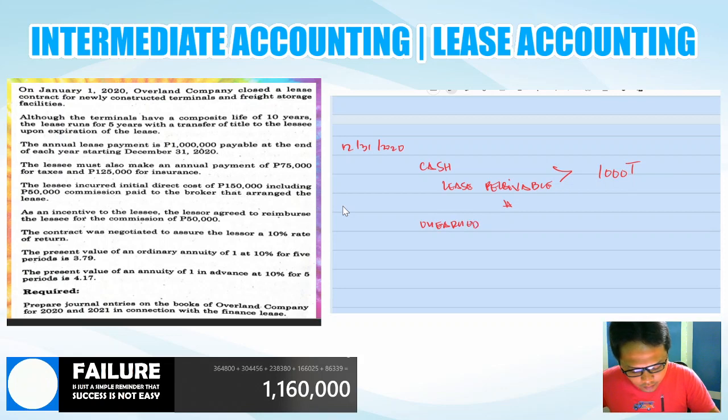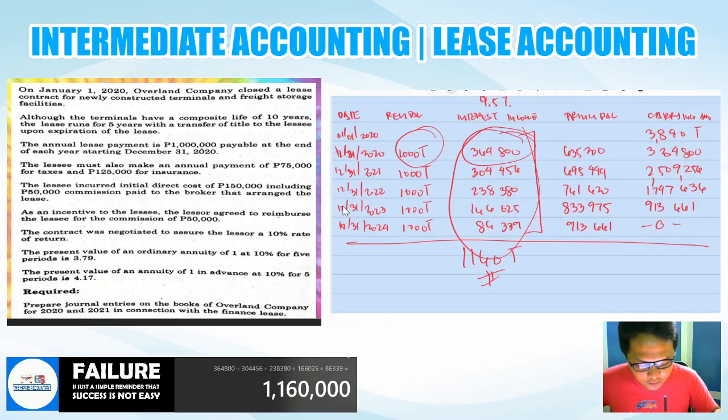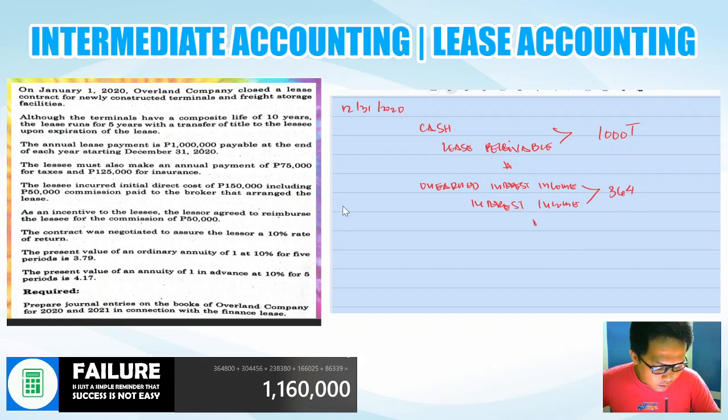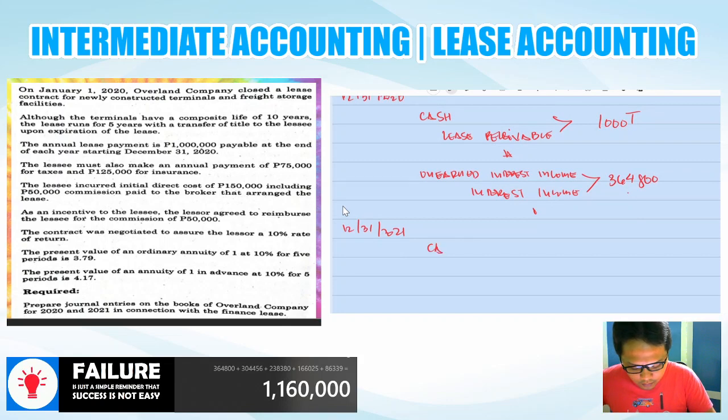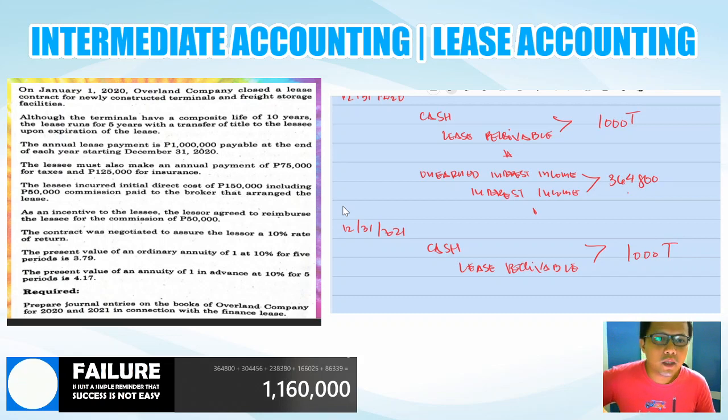Debit unearned interest income, credit your interest income, at 364,800. Okay? On December 31, 2021, debit cash, credit lease receivable. Again, still at 1 million.